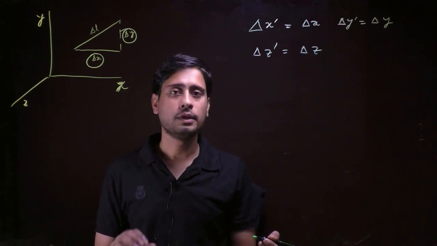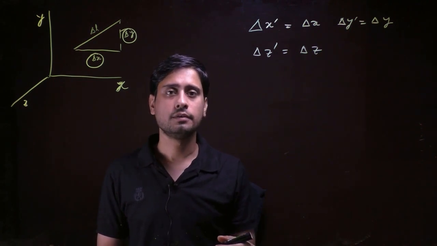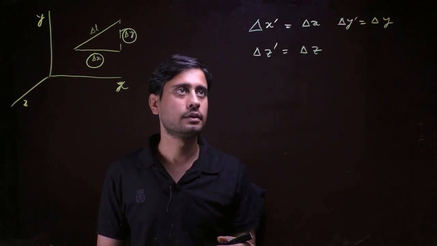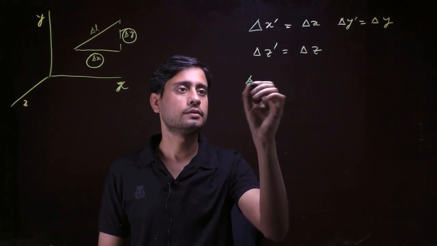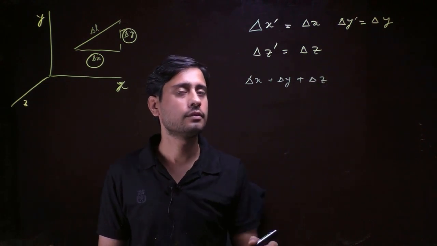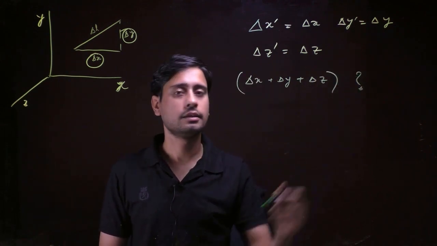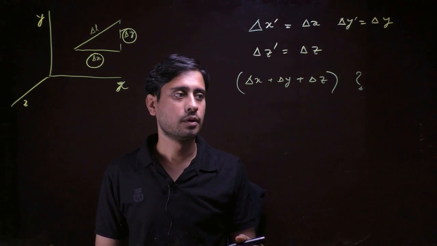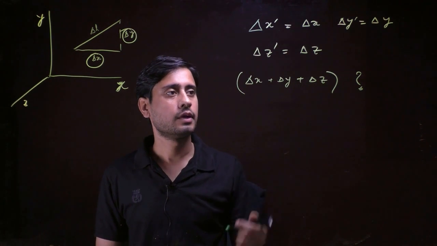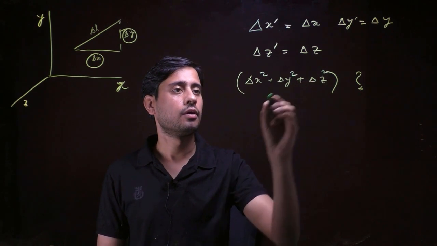So the components remain invariant, but what is the actual quantity which remains invariant in a Galilean transformation? We have many options here. If we just sum these things, delta x plus delta y plus delta z, then it will also remain the same. But is it really the invariant quantity in Galilean transformation? It cannot be, because you can make many such quantities, like a square of these things or a cube.